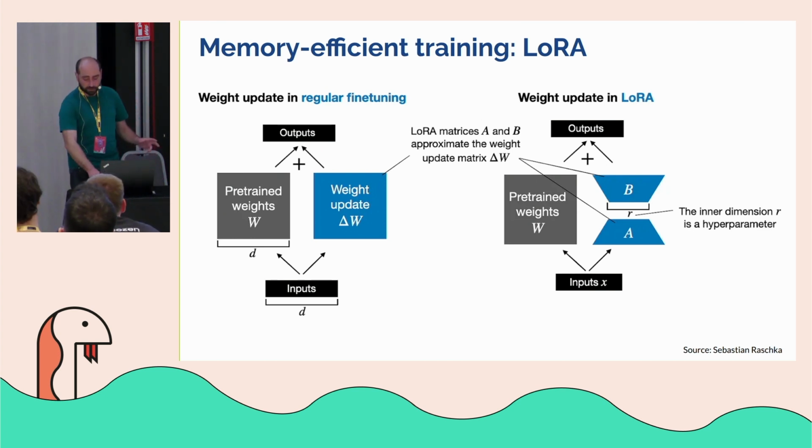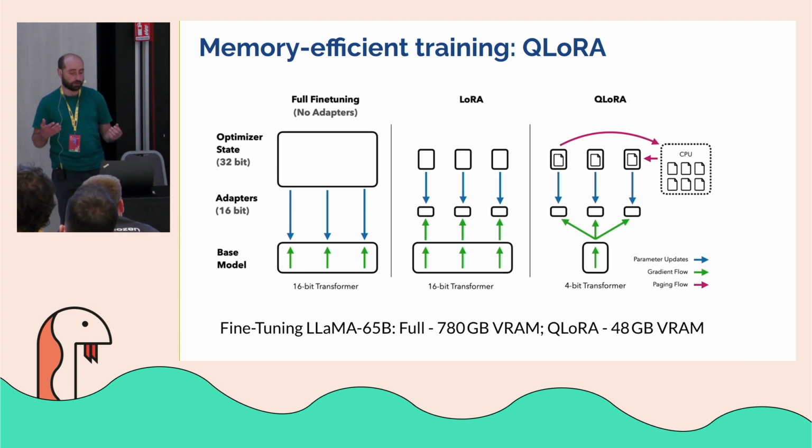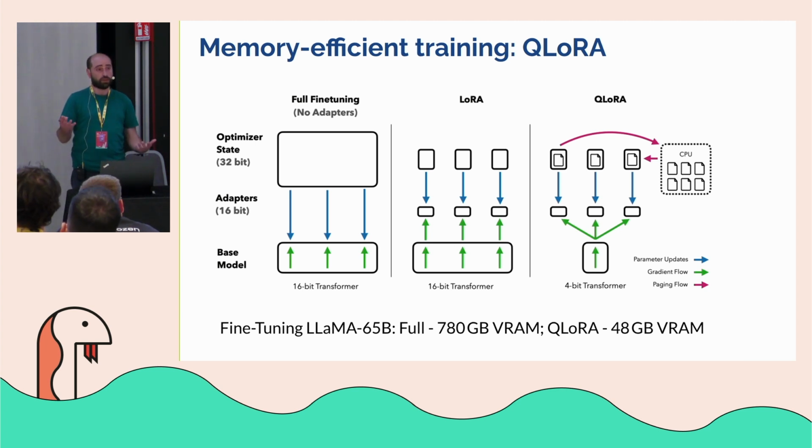And yeah, this saves GPU, but there is also an evolution of LoRa, which is very popular, and is called QLoRa. The main idea here is not to use the base model in 16-bit precision, where each parameter uses 16 bits, but to use a quantized version of the model, a 4-bit quantized version, and they also use other GPU tricks.